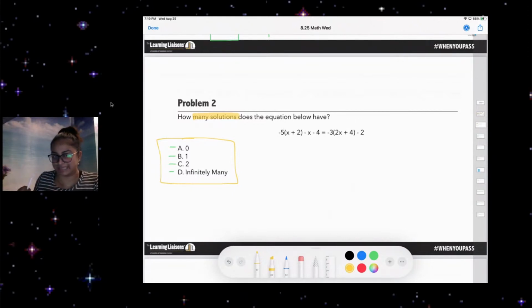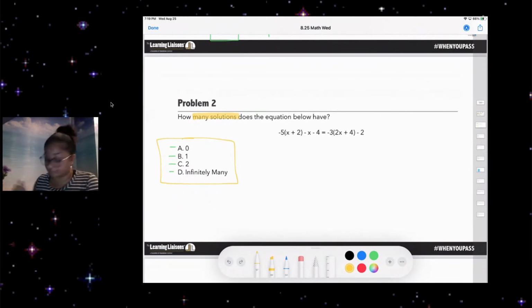So the number of solutions is how many numbers can you plug in. Like if we used 5, 6, 7, 8, 9, and 10, that's 6 numbers. So let's say that C said 6, then we would choose 6 because 6 numbers work to plug into the equation to make it a true statement.